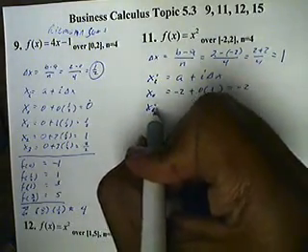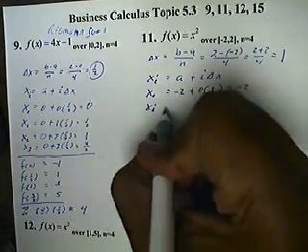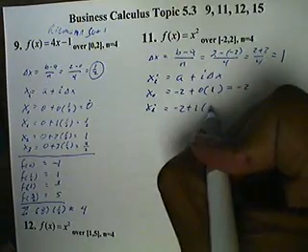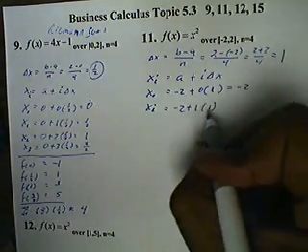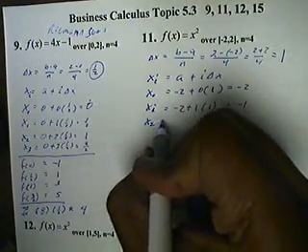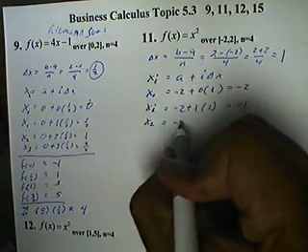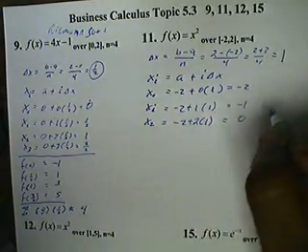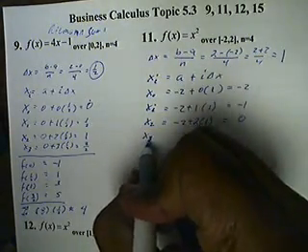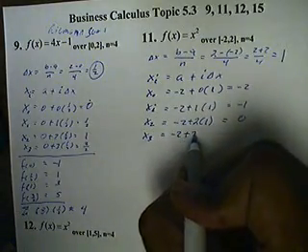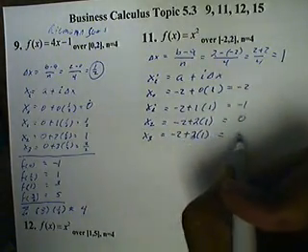Then my x1 will be -2 plus 1 times delta x, which is 1. And 1 times 1, that'll give us -1. x2, should I say, will be -2 plus 2 times 1, and that will be 0. And my fourth x, which is x3, will be -2 plus 3 times 1, and that will be 1.